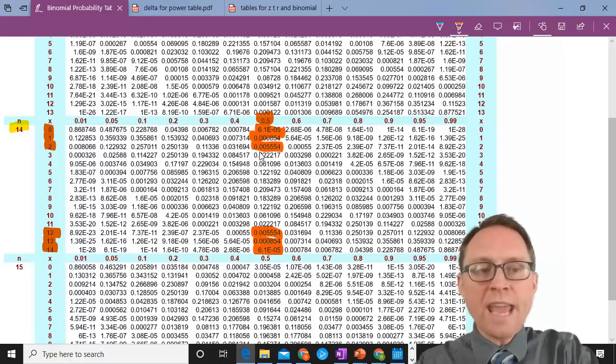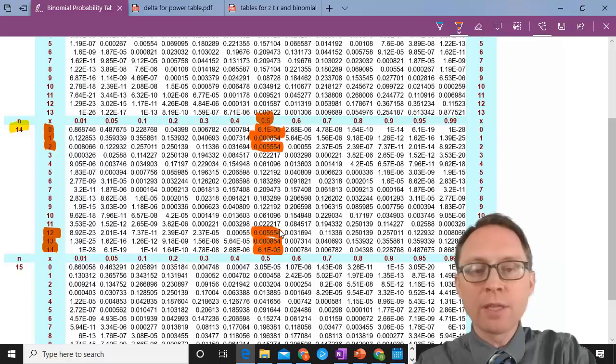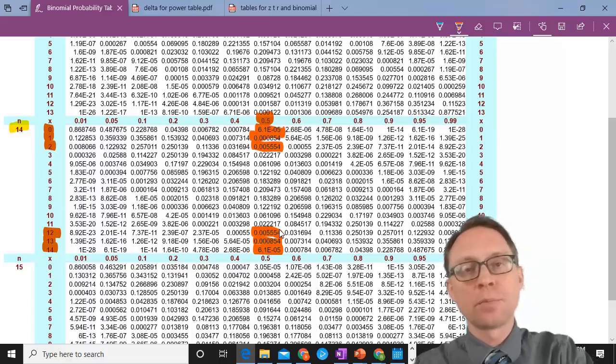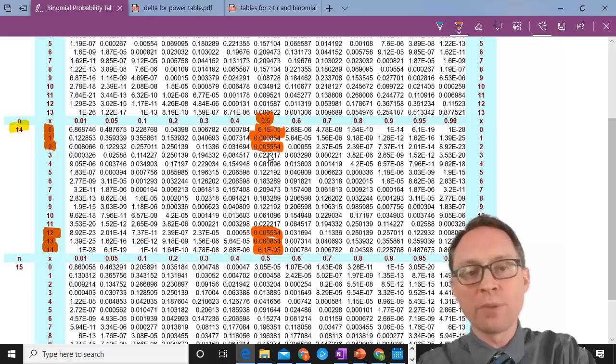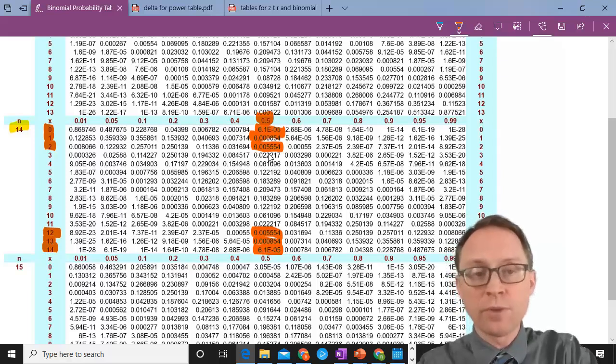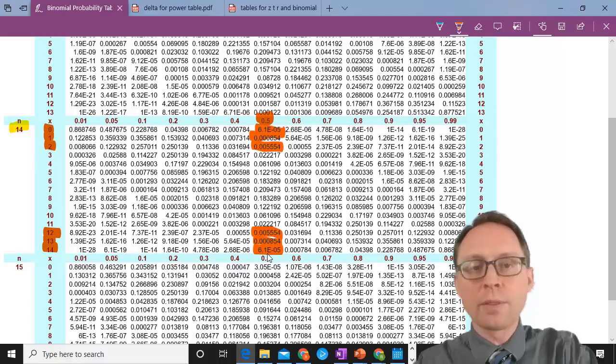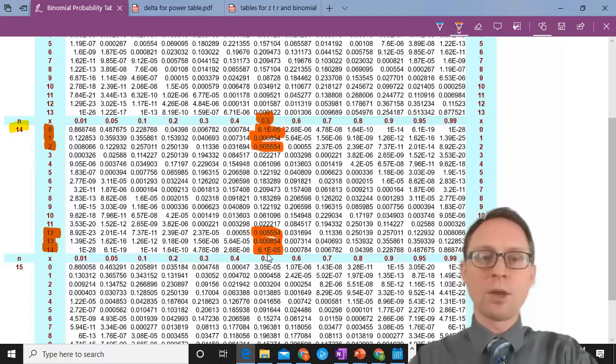When we add the probability of 3 and the probability of 11, it's going to push us over 0.05 because they have to be cumulative. It has to be all of those values. We're looking at both tails. It's got to be all the values in both of the tails. So all of these together. And we know that if we add those up, they're going to be more than 0.05.